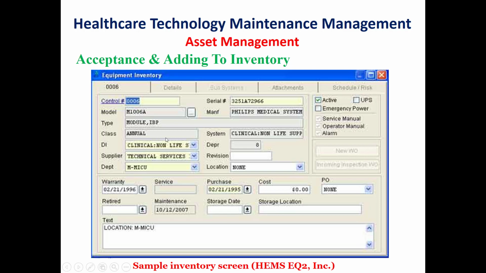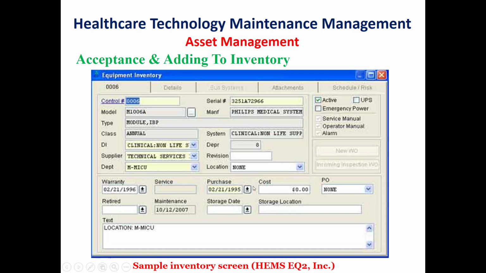We see the information which should be entered with this device, which are the model, the manufacturer, the serial number, also the warranty period, and the purchase cost, which is essential to decide later, in the case the annual maintenance cost has reached a higher percentage by comparison to the purchase cost, whether this device should be disposed of, taken out of service, or replaced.